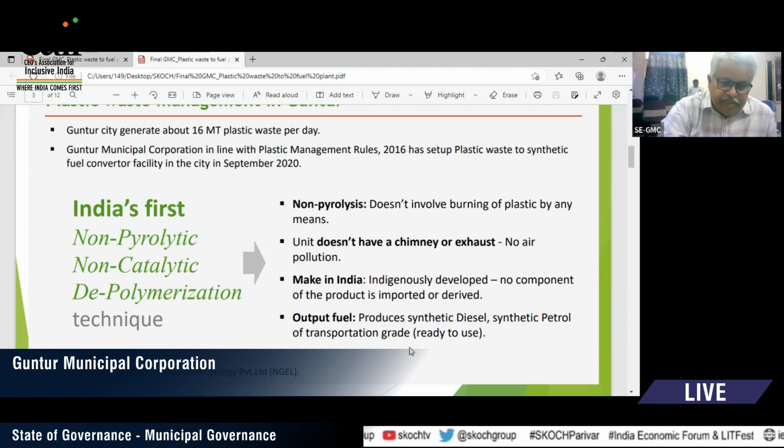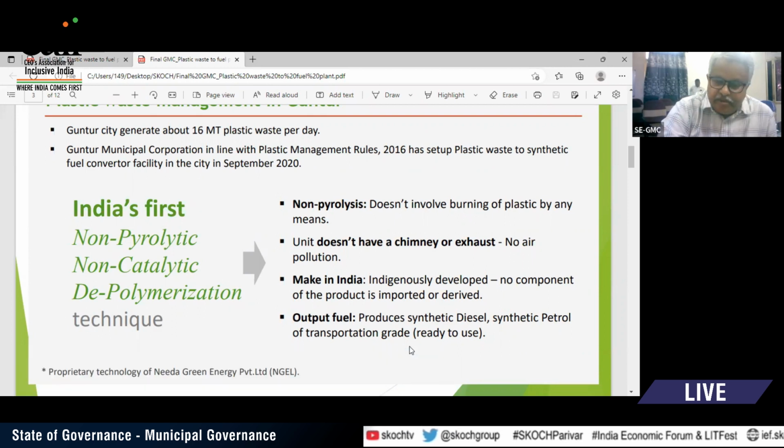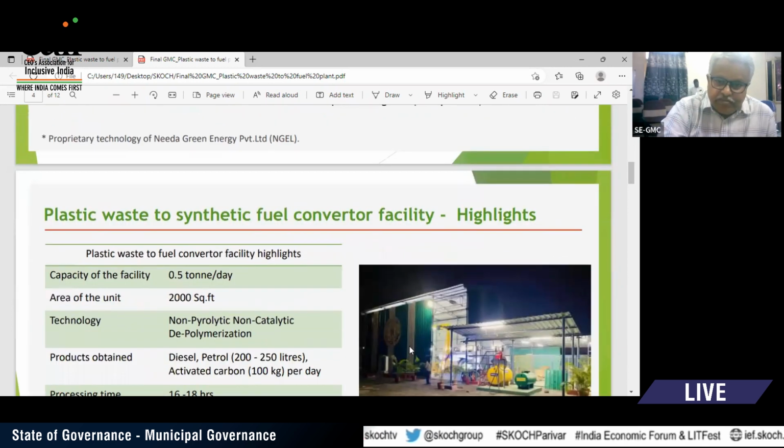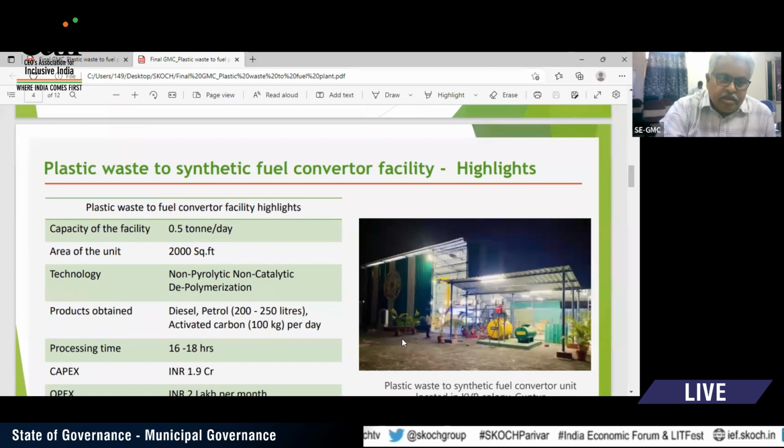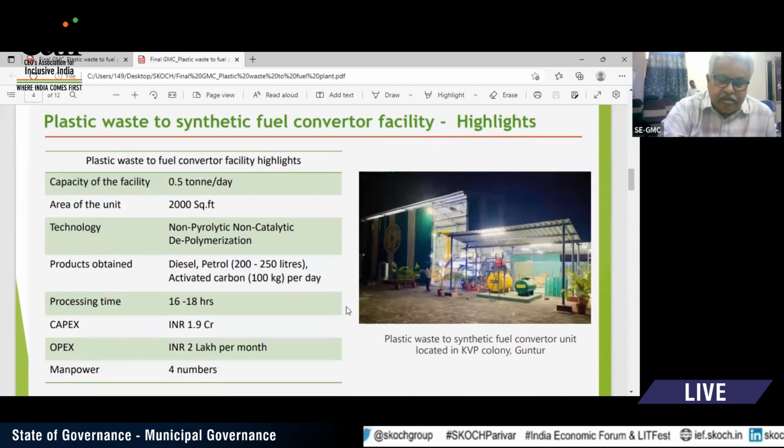See, it was developed by NIDA Green Energy Private Limited, Hyderabad, sir. We have adapted the technology, sir. The plastic waste synthetic fuel converter facility's main highlights: its capacity is half a ton, 0.5 tons per day. It was established in 2000 square feet, equivalent to a 3-bedroom flat.